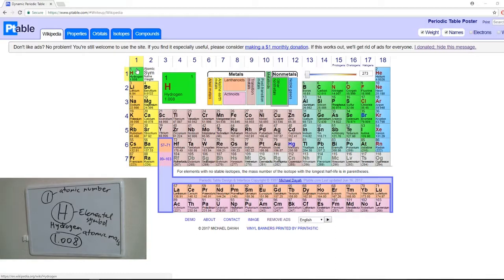Usually it is just the number of protons and neutrons combined, because their masses are 1 if you round it up. And so what we can see here is that its atomic mass is 1, the atomic number is 1, so we have 1 proton, and since the atomic mass is just barely over 1, we can assume there's only 1 proton and no neutron in the hydrogen element.